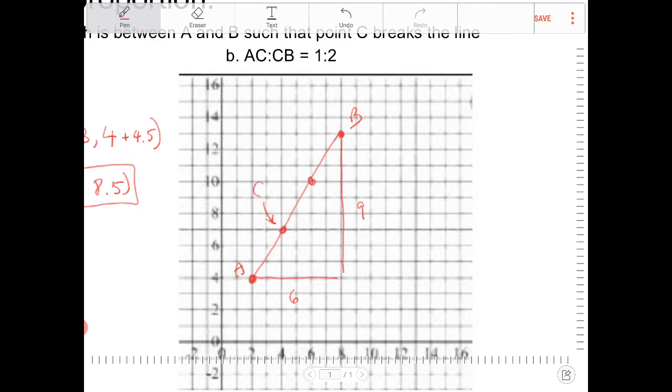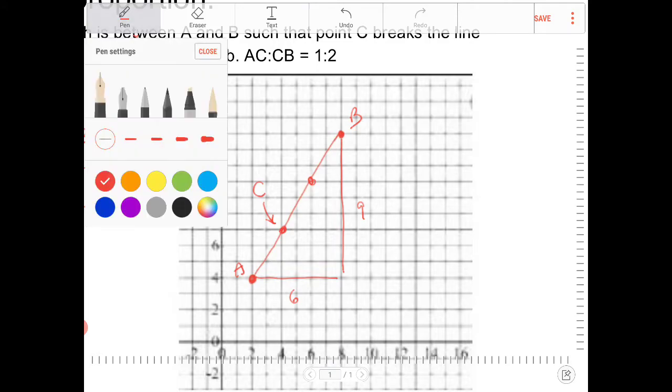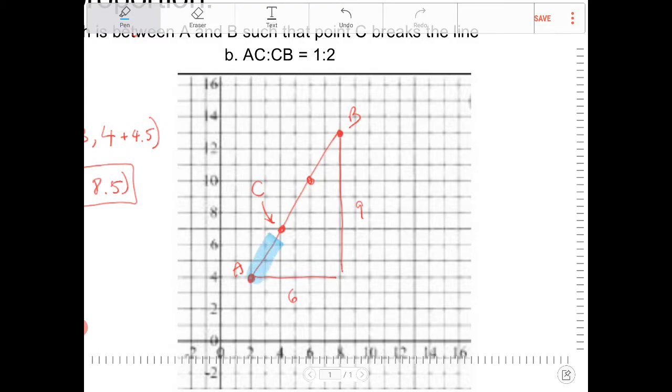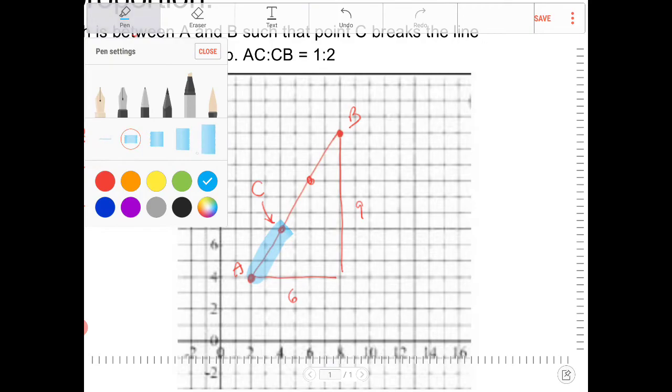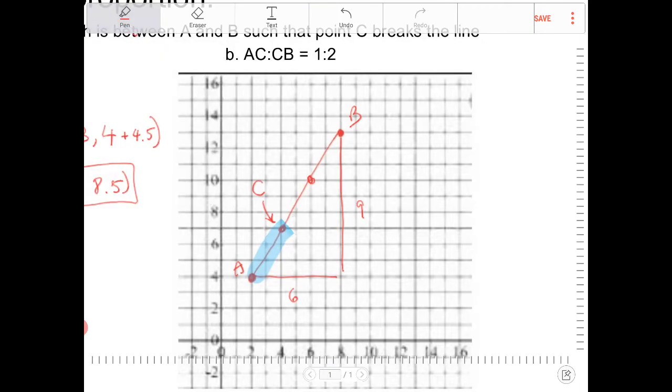C will be located here, where, again, I want to use a highlighter. The left half, which is blue, is going to be half the length of the right half, or you can think of the right half as being double the length of the left half.